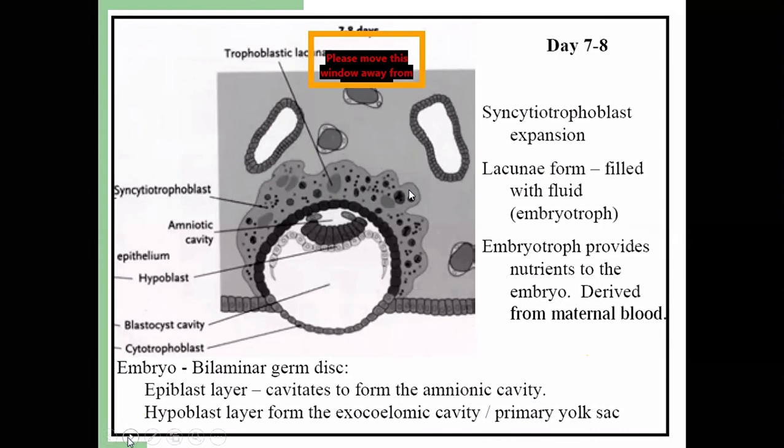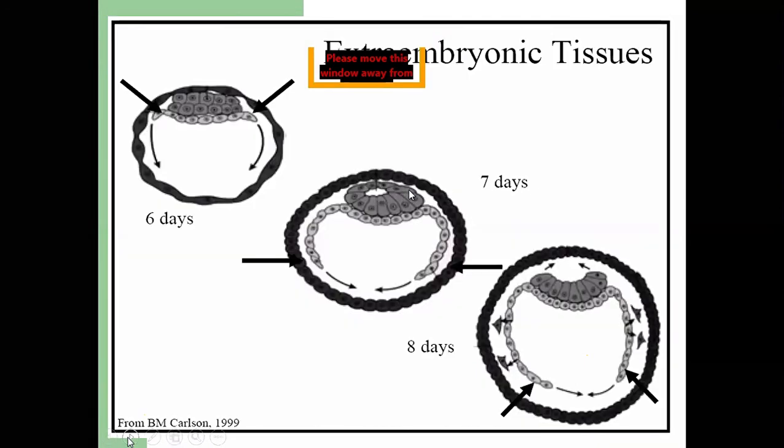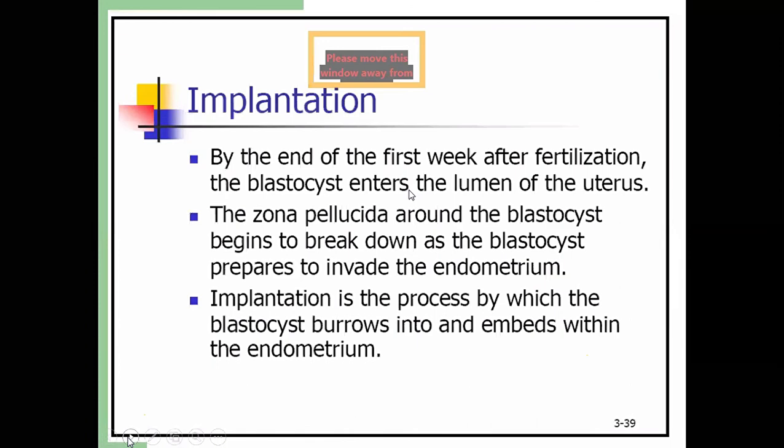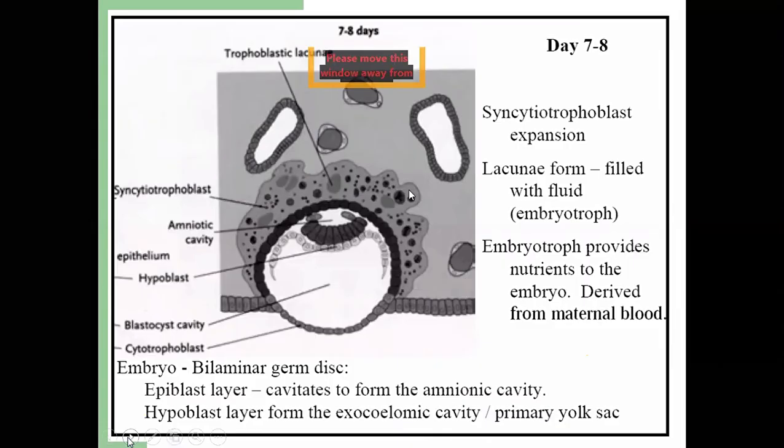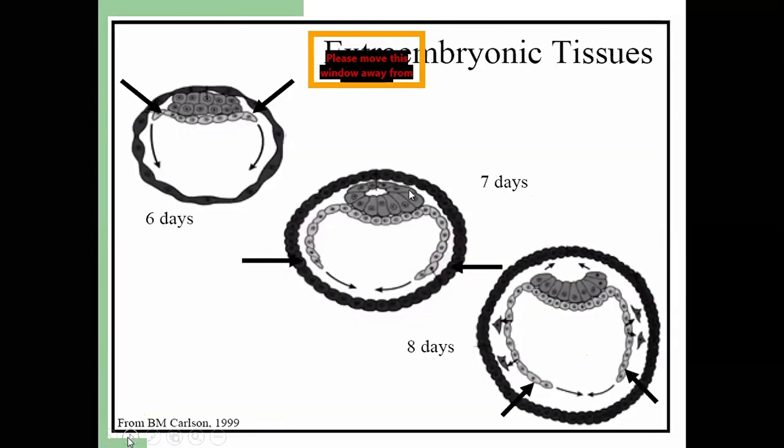Okay, next slide, which is the slide for next time. The next slide will be the extra embryonic tissues. We said there is the embryo and then there are the extra embryonic tissues.